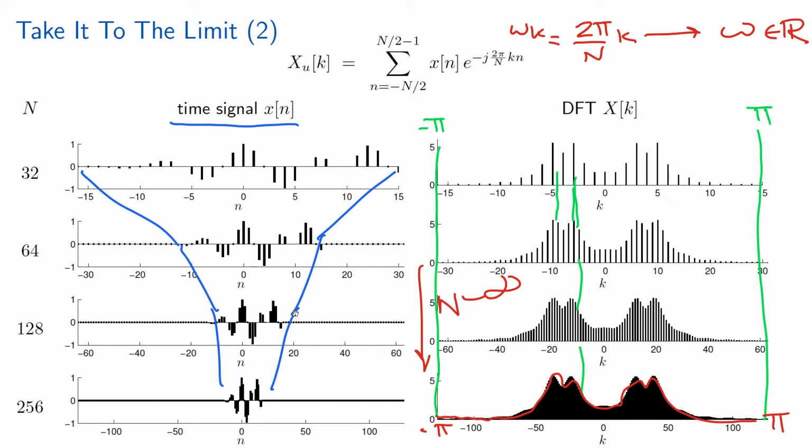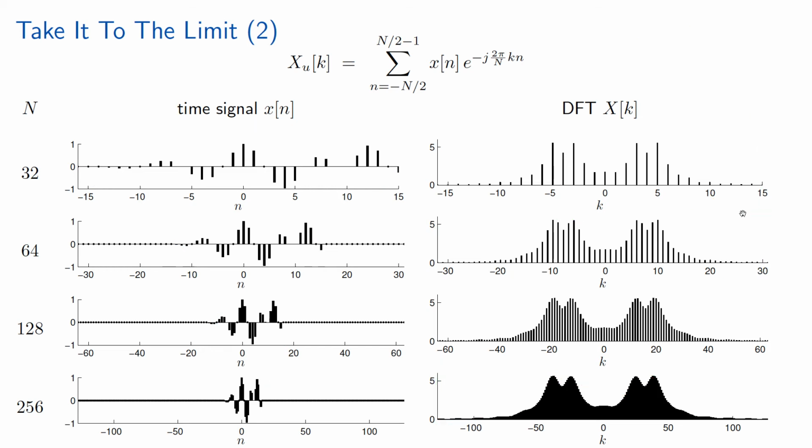Making the time signal longer interpolates or provides more information between the samples, and in the limit you basically map out a function of now not a discrete variable like everything has been in the course up to now, but a function of a continuous variable. And we're going to call this function of a continuous variable the DTFT. Okay, and it plays a role just like the DFT, but instead of having a discrete index, it has a continuous index.